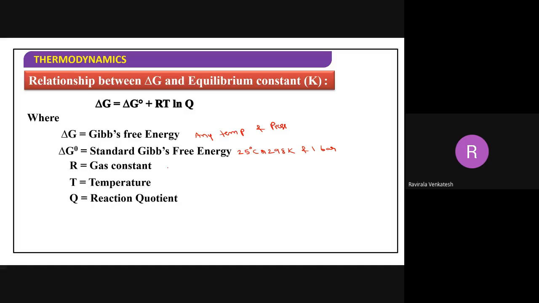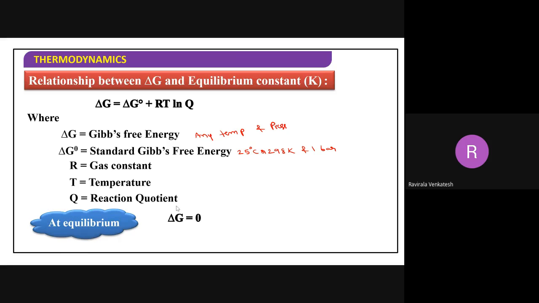R is the gas constant: if you take liter atmosphere 0.0821, bar 0.0831, joules 8.314, calories 2 calories. Same for temperature. Q is the reaction quotient, nothing but concentration of products by concentration of reactants.